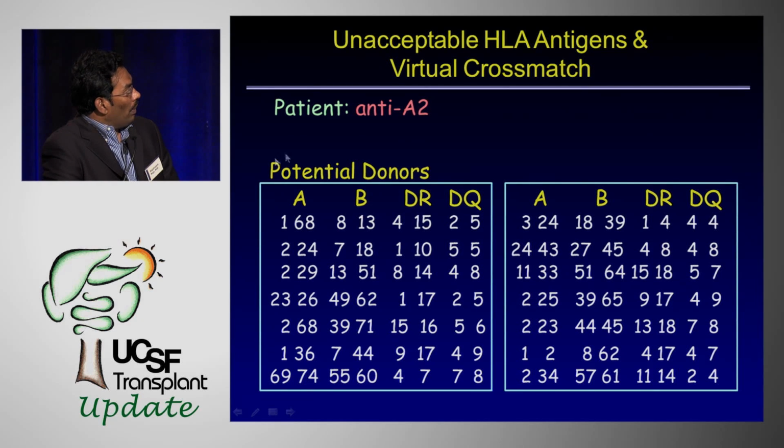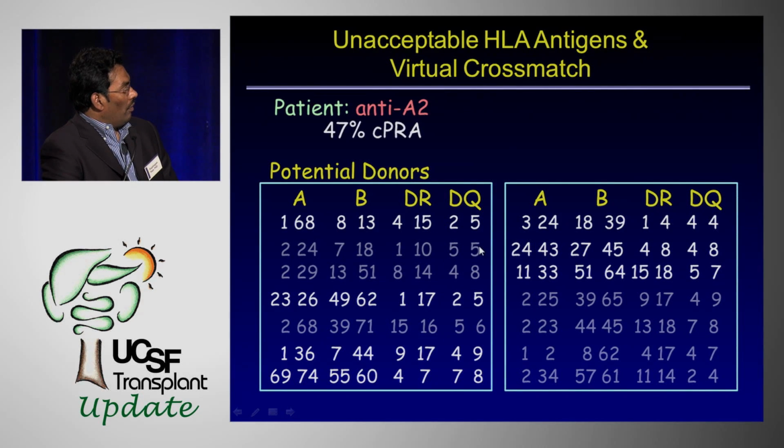For example, if the patient has A2, these are the donor types here. All you have to look at is how many individuals carry the HLA-A2 molecules. In this panel, 47% carry HLA-A2 targets, so you need to avoid all these 47% of the individuals.